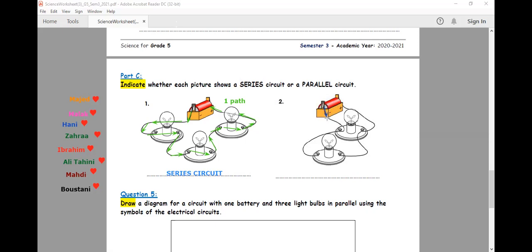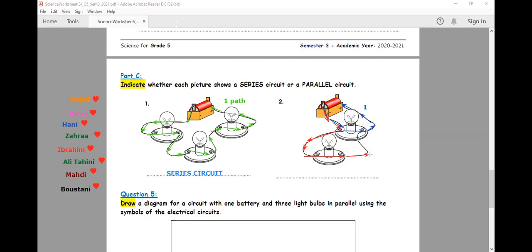Electrons leave the negative side of the battery. They flow through the first light bulb and back to the battery. This is pathway number 1 in blue. Number 2, look. Electrons leave the negative side of the battery.